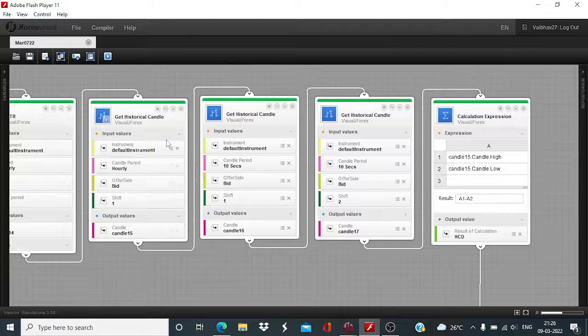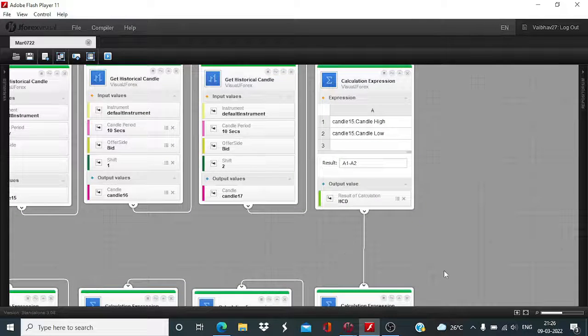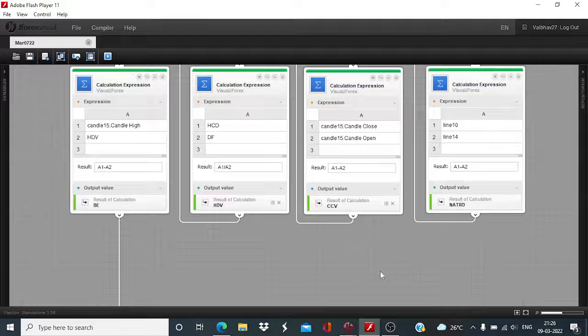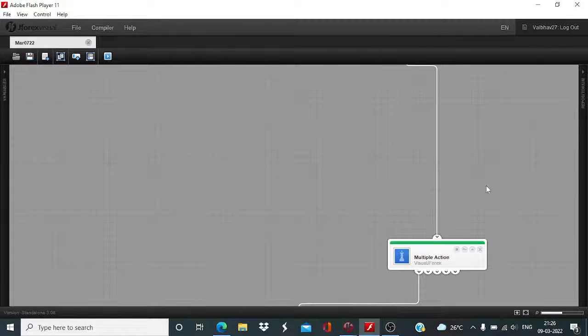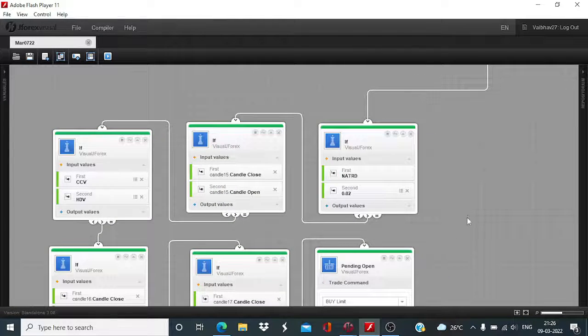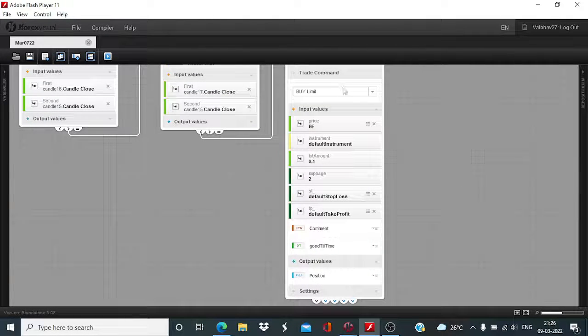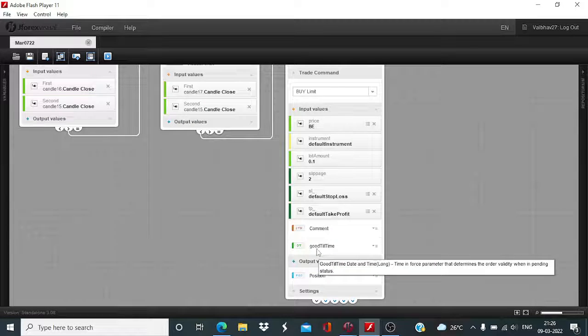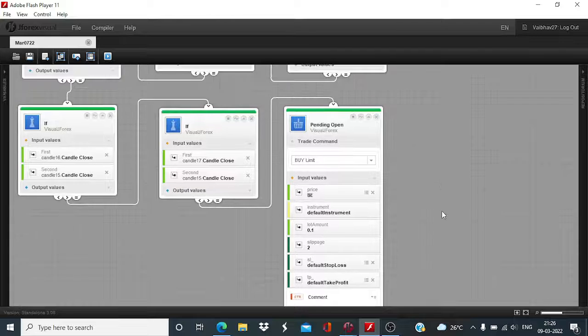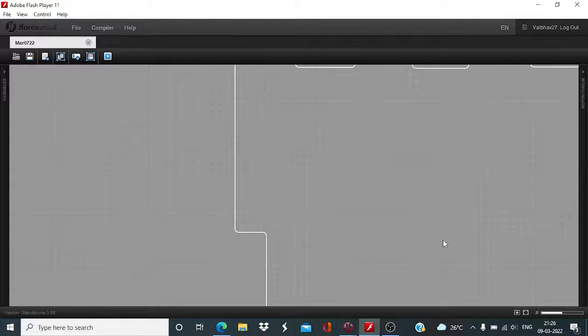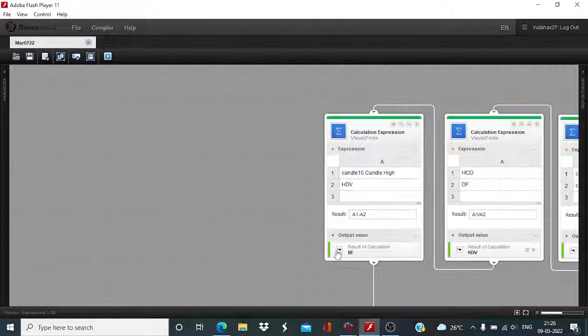To look at the price volatility, we are taking the help of get historical candle blocks, and then to define certain parameters, we have utilized these calculation expression blocks, and on the lower side we have these conditions in place for the execution of the buy trade. In this trade command block, one parameter is missing, the order validity time, which we are going to keep at 1 hour, which we will be defining in this session. So that is unfinished job from the last time around.